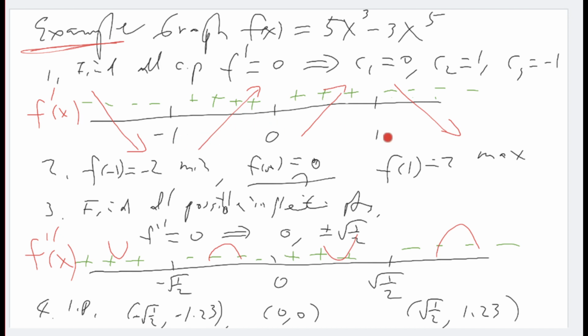But let's also take into account that the graph on the left side of 0 is supposed to be concave down, and on the left side of negative square root 1/2, the graph is concave up.